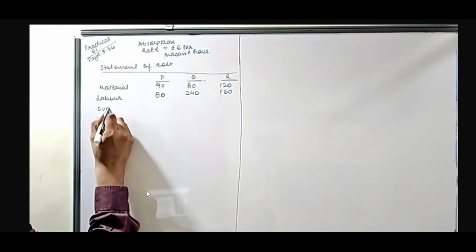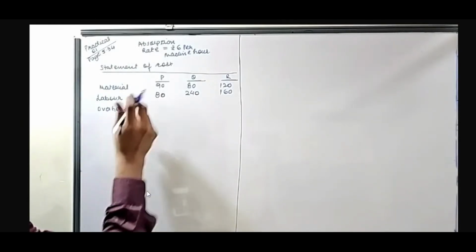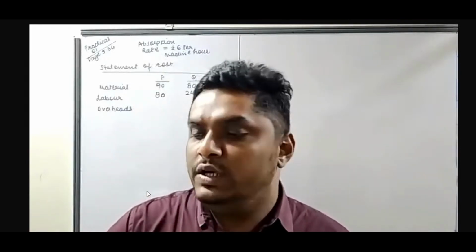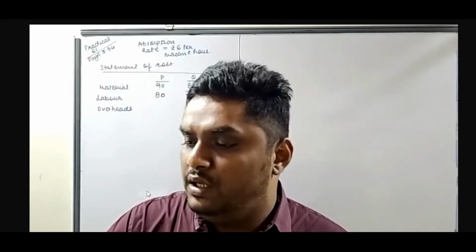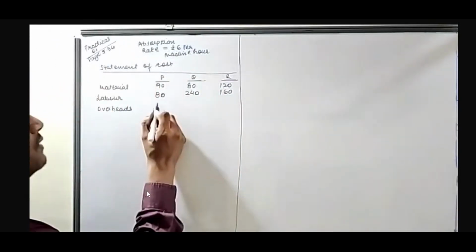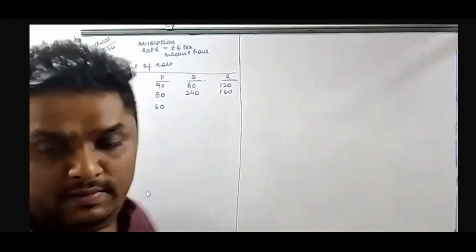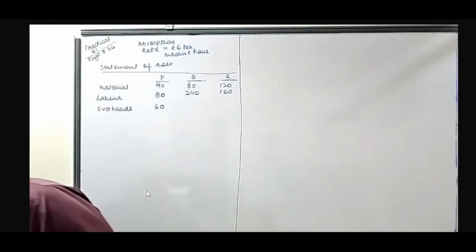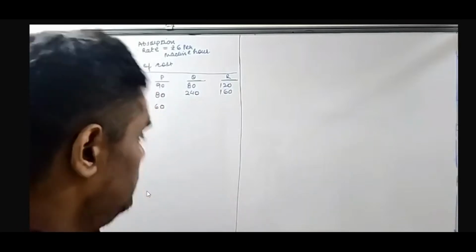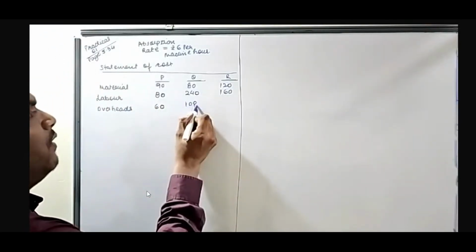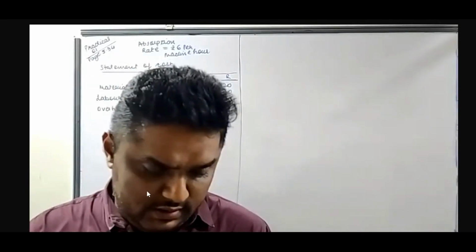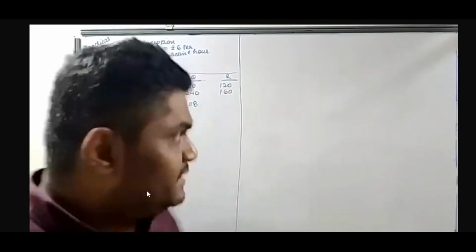Now, when talking about overheads, they are absorbed on the basis of machine hour, and the rate is also given, that is rupees 6 per machine hour. So machine hour per unit is 10. So 10 into 6, 60. 18 into 6, this is 108. And 14 into 6, that is 84.